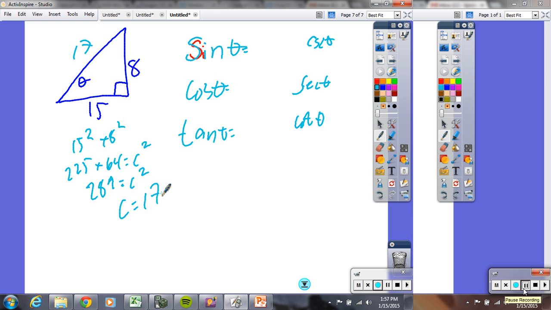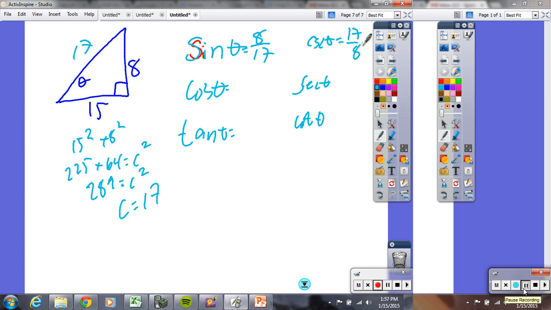What do you got for sine of theta? Okay. If I stand here, remember sine was opposite over hypotenuse. 8 over 17. You okay there? So therefore, cosecant would be really simple to find when you have that, right?